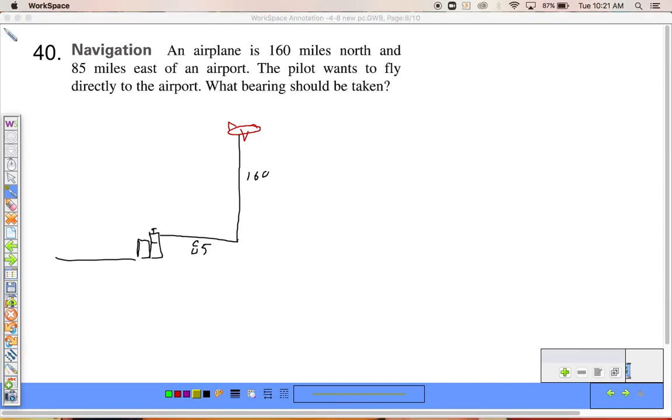All right, the pilot wants to fly directly to the airport. What bearing should be taken? So what we're after is, I'm going to put a compass right on my airplane with north, south, east, and west. They want to go directly to the airport.